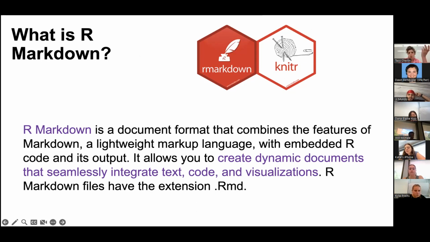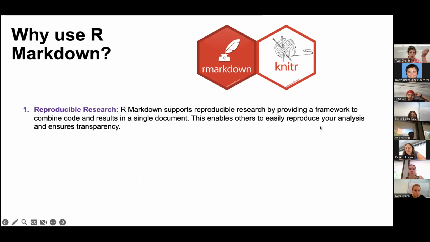So this is what those symbols look like. So why do we use R Markdown? The main thing that it's really good for is reproducible research. I'm sure you learned about this throughout your research experiences and maybe in class, how important reproducibility is in science. It's very important for all stages of research, including computer science, data analysis, biological research, et cetera.